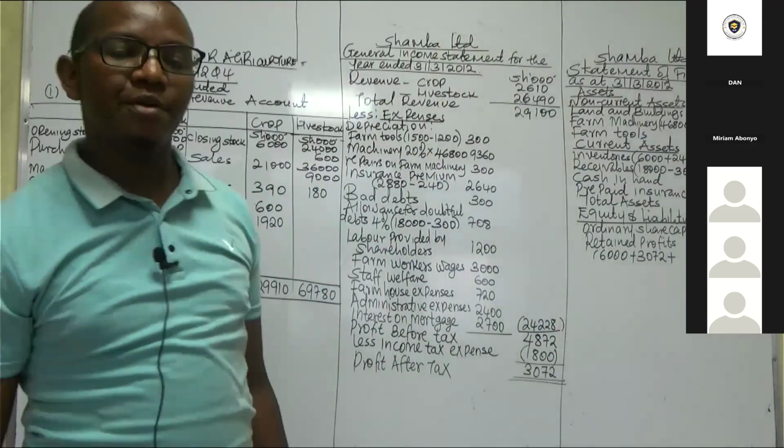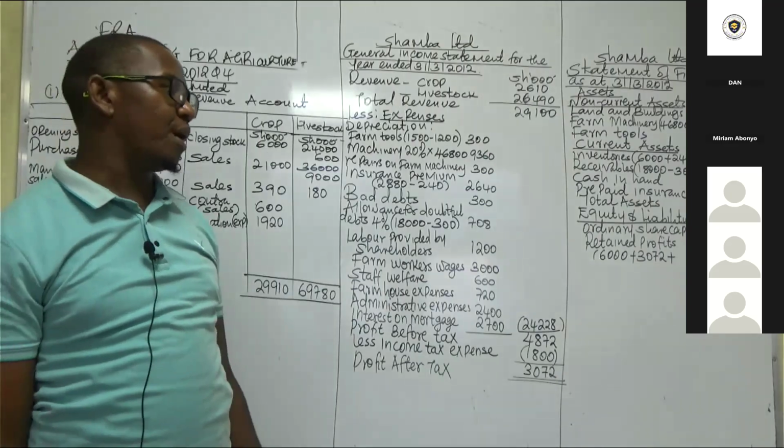Retained earnings were 100 and 6,000 on the trial balance.